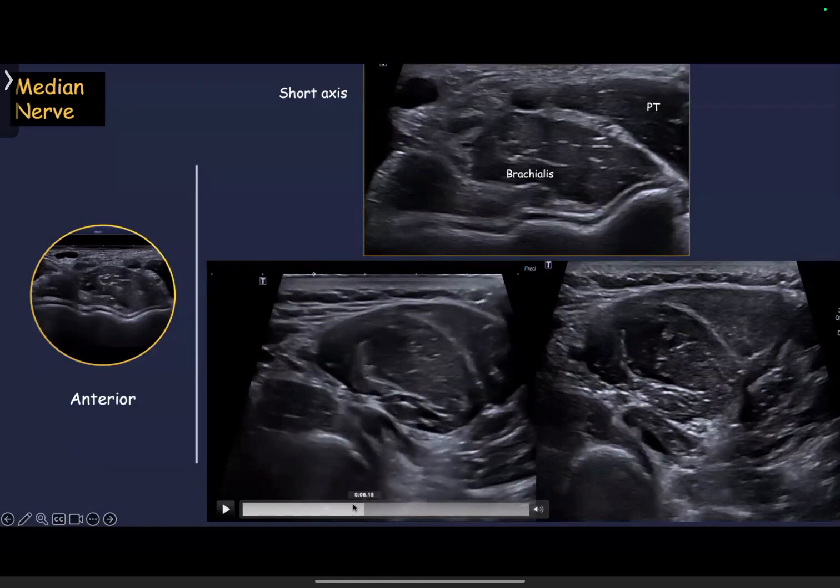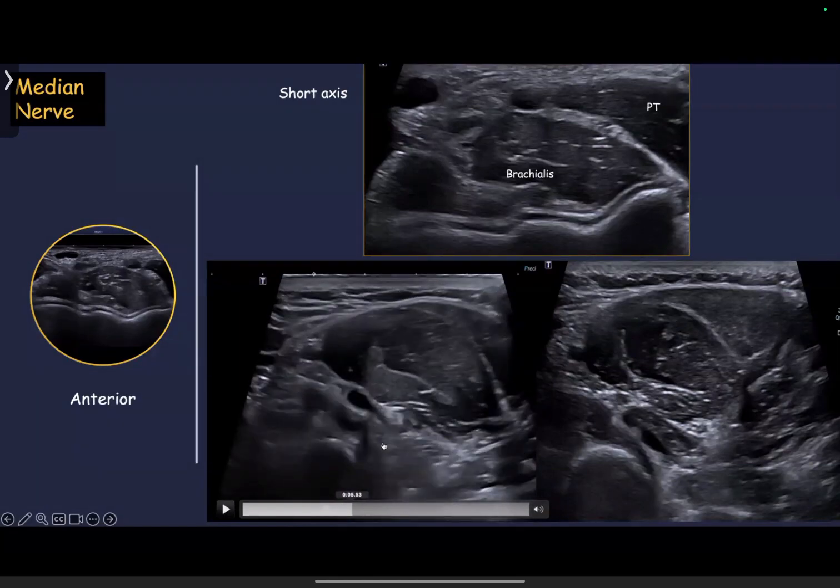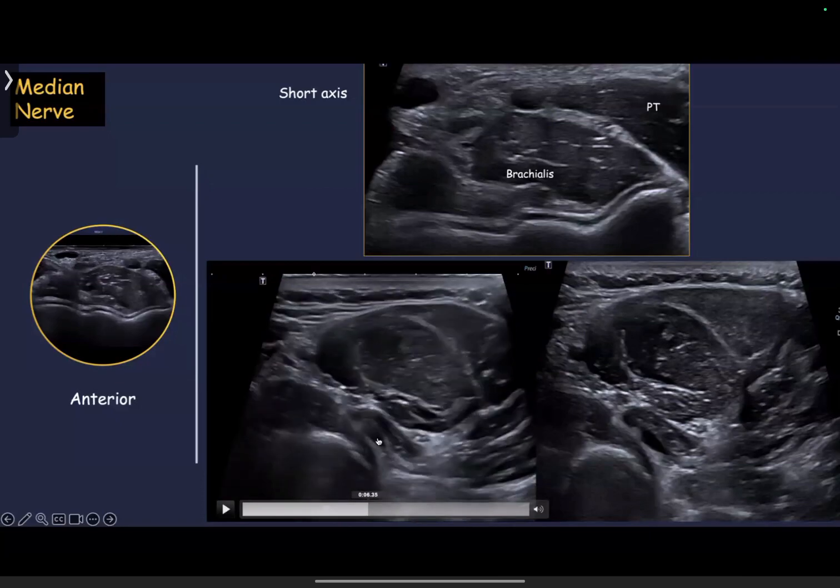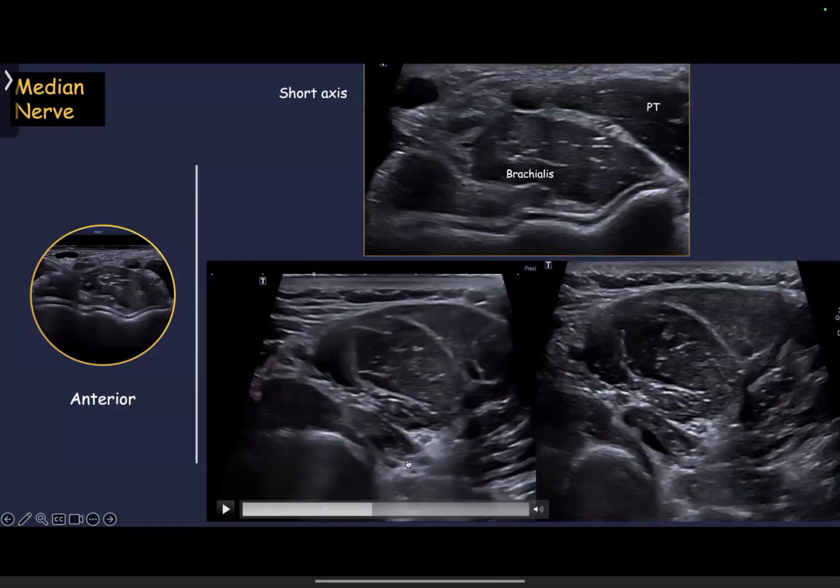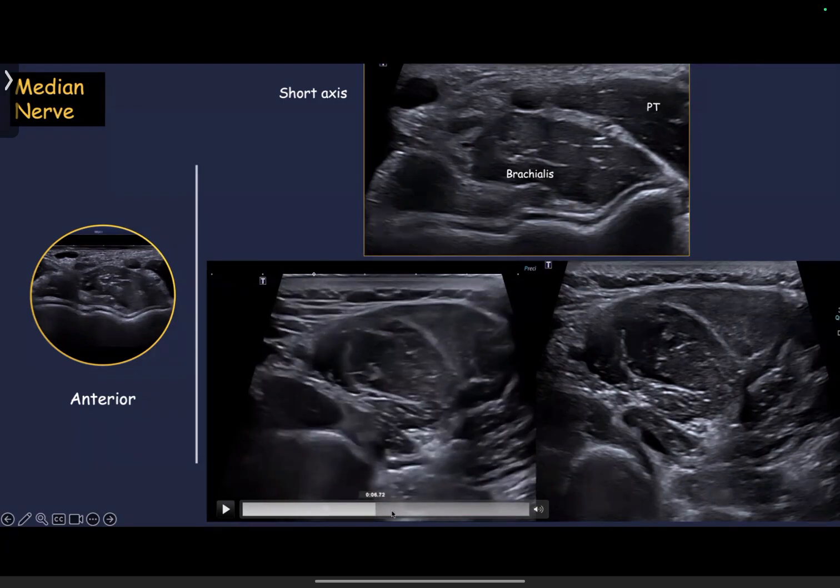The nerve passes through this tunnel, and this small hypoechoic thing is the adjacent artery. The deep head differentiates between this artery and the nerve and keeps them separate as they course down.